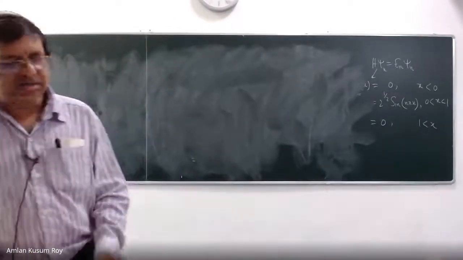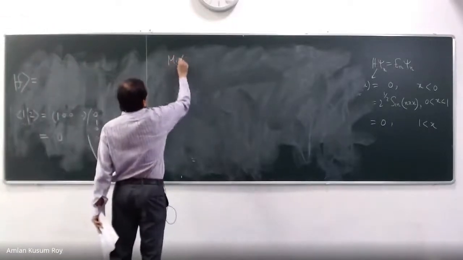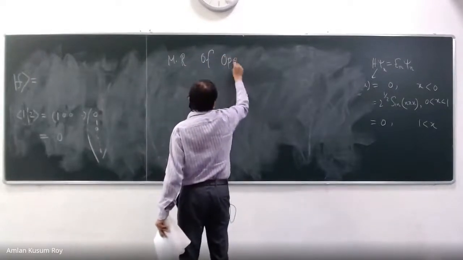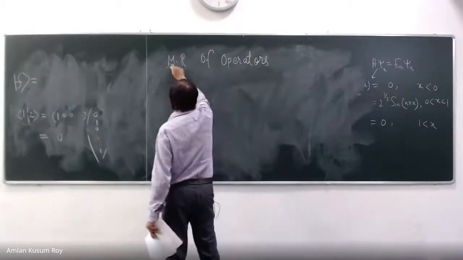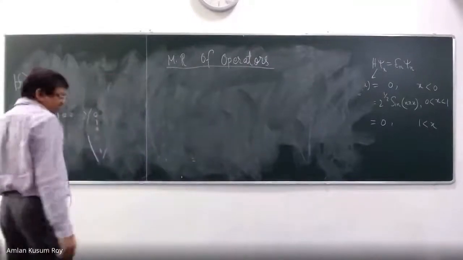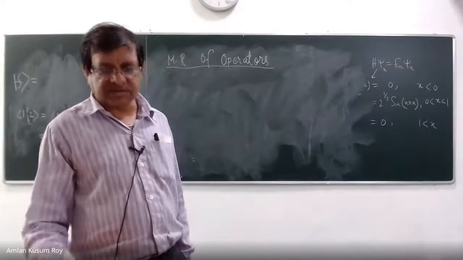So this was the function. Now we are going to represent the operators, because that is the most important part. The matrix representation of the operators. You understand that every time you have a representation, you have to have a basis.